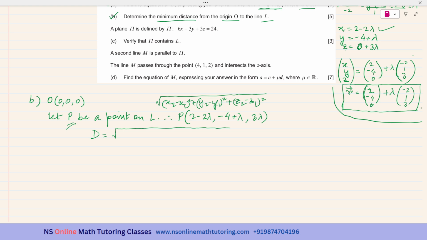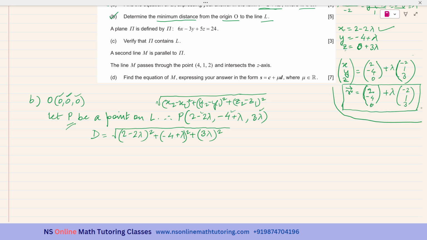And let us take this as x1, y1 and z1, and this is x2, y2 and z2. So x2 minus x1 will be 2 minus 2 lambda minus 0. So it is basically 2 minus 2 lambda whole square. And y2 minus y1 is minus 4 plus lambda minus 0. So minus 4 plus lambda whole square plus 3 lambda minus 0. So it is 3 lambda whole square.